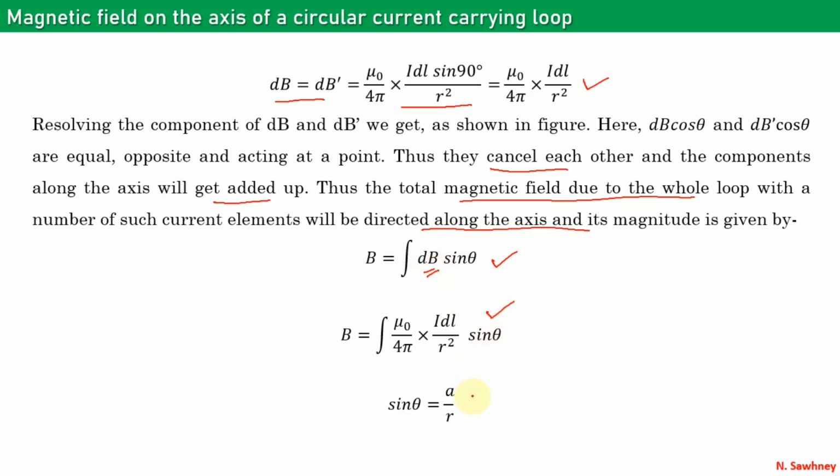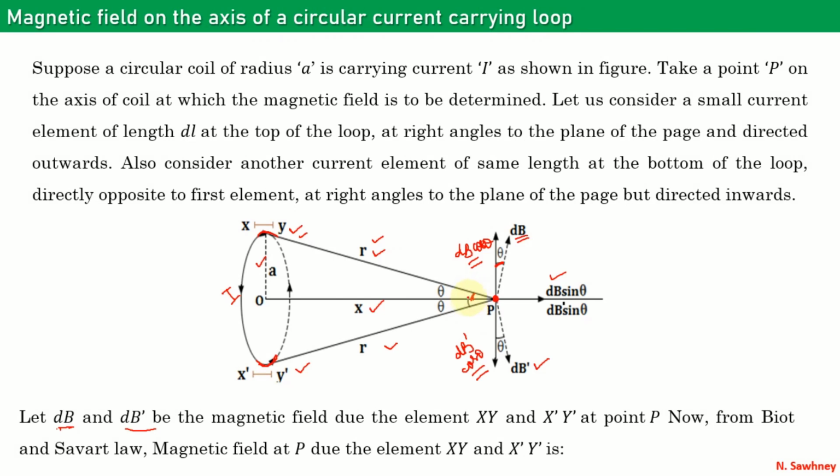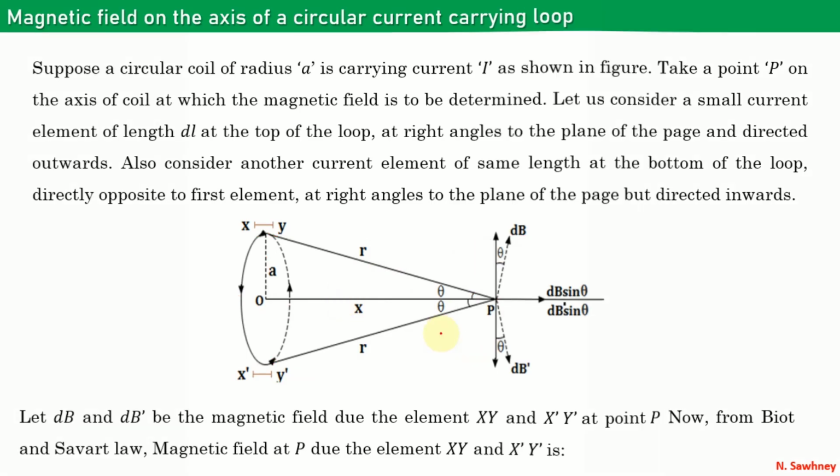And if we look carefully in the figure, sin theta is equal to a upon r. See here, sin theta will be equal to a upon r, where r is under root a square plus x square.